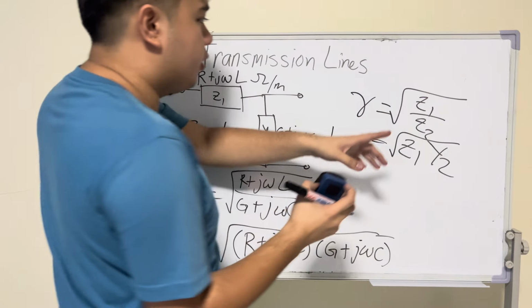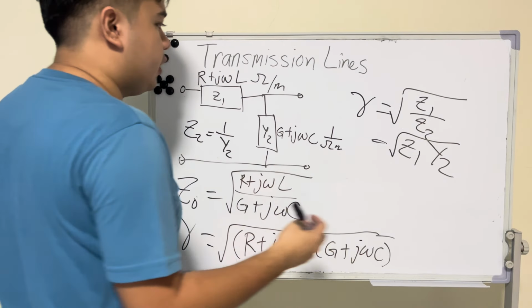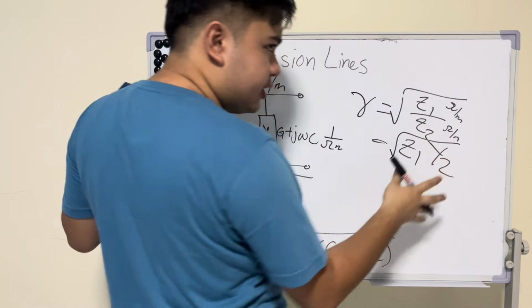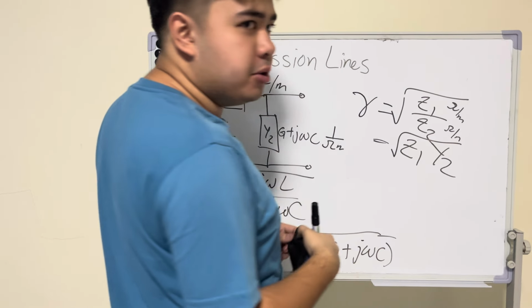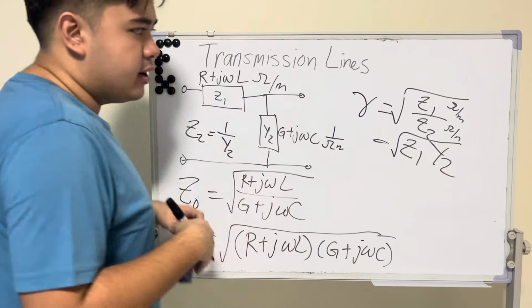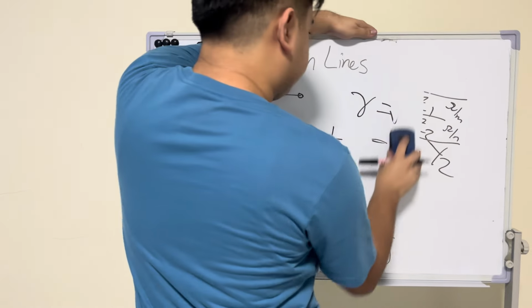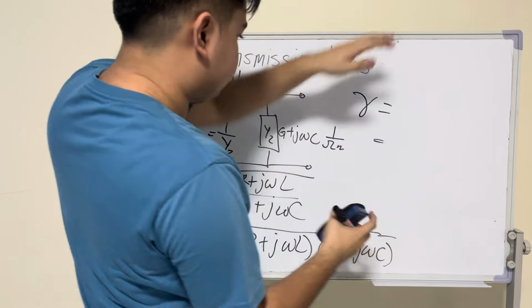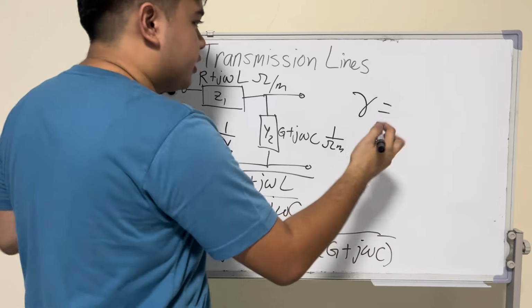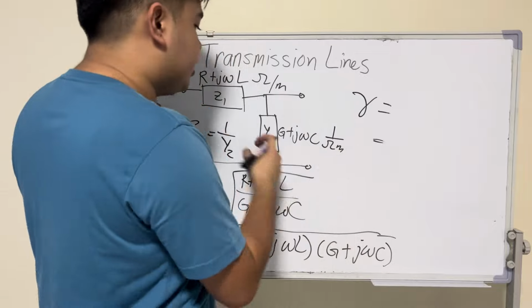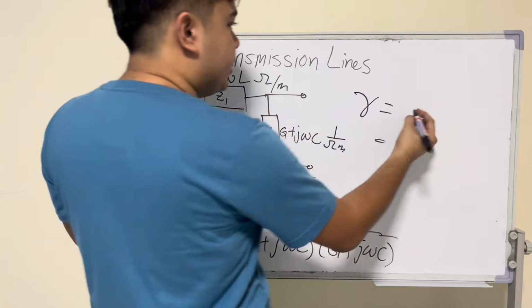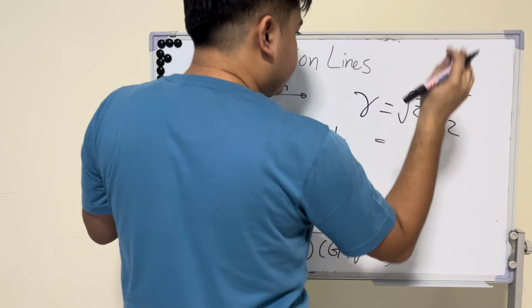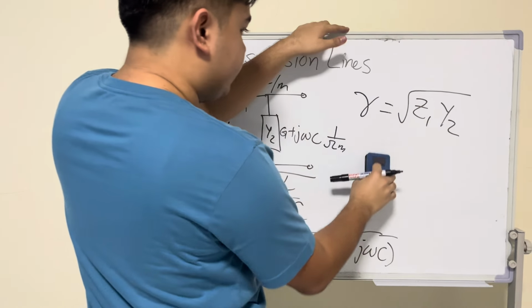Now, the unit for this is unitless, right? This is ohms per meter. This is also ohms per meter since it is just impedance. And if you take the units, they cancel each other out. So it's unitless, right? Hang on. It's not unitless. It's a bit weird because this is admittance per meter, but when you take the Z1Y2, it's not actually unitless.